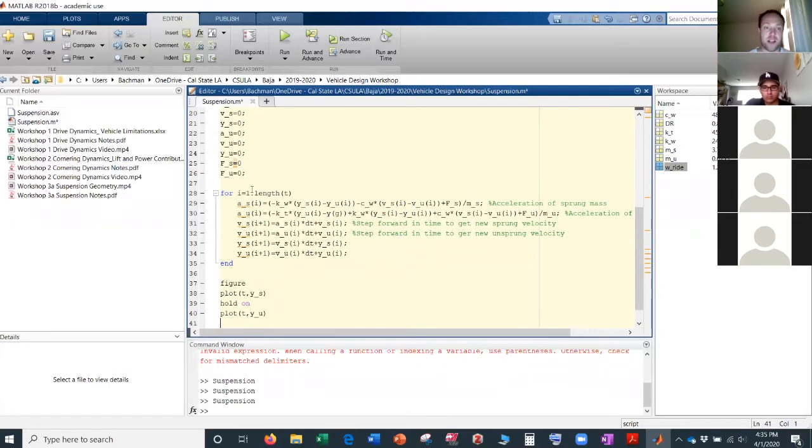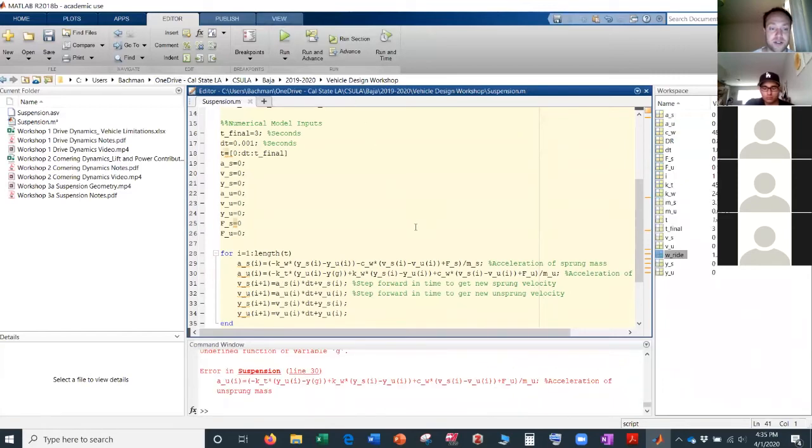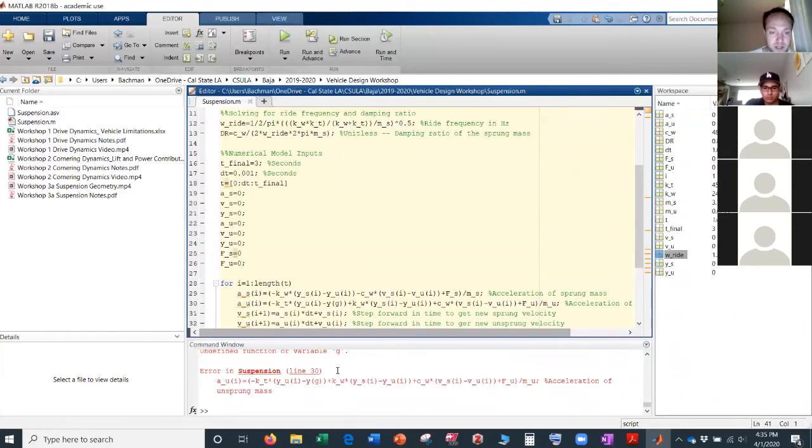So let's just try running it. Right now it should basically sit still. Nothing should move. They should all sit at their initial positions. But we're going to get some errors.